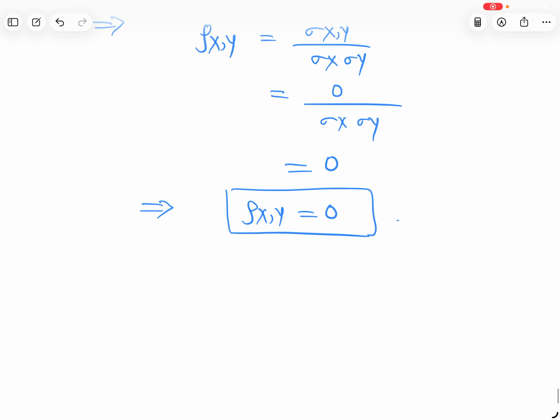From the Cauchy-Schwarz inequality, we have, what we have.